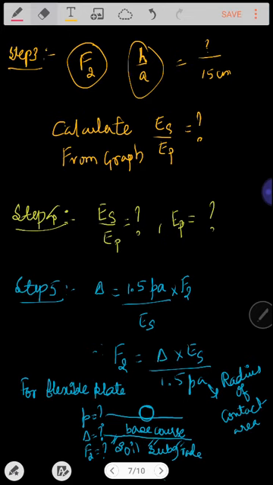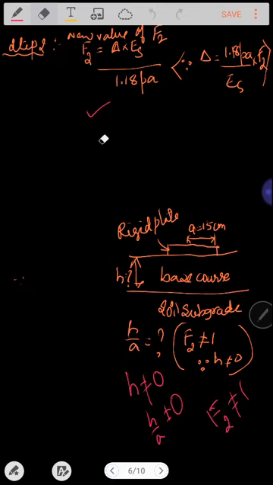So from step number 5 we have calculated the value of this deflection factor F2 for the flexible plate, which is totally different from the one we calculated in step number 2 with the help of the rigid plate formula.